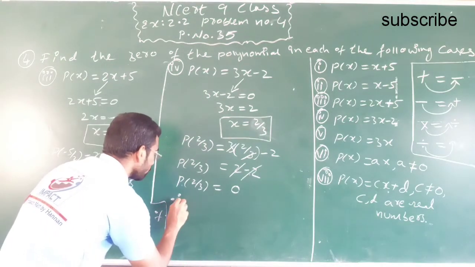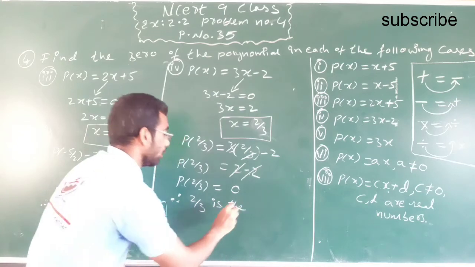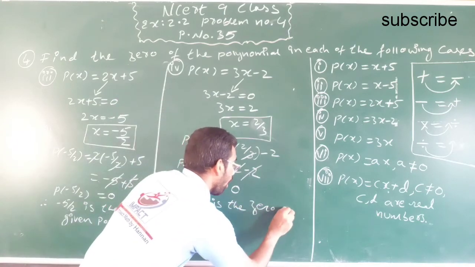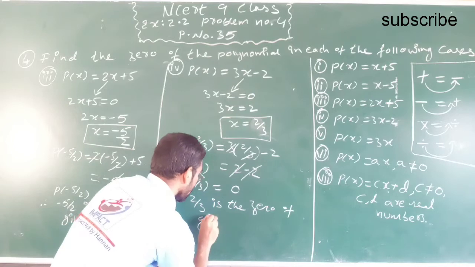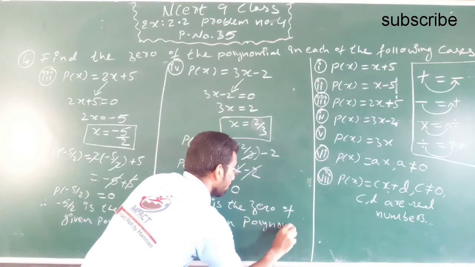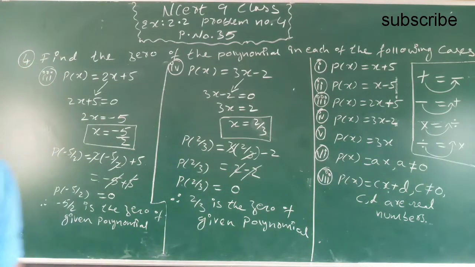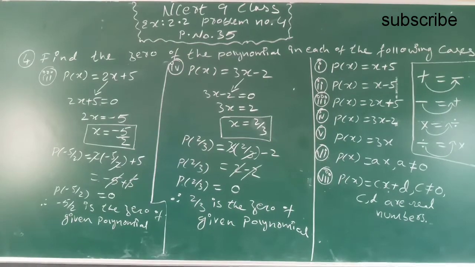Therefore, 2 by 3 is the zero of the given polynomial. Now we will go for the next question.